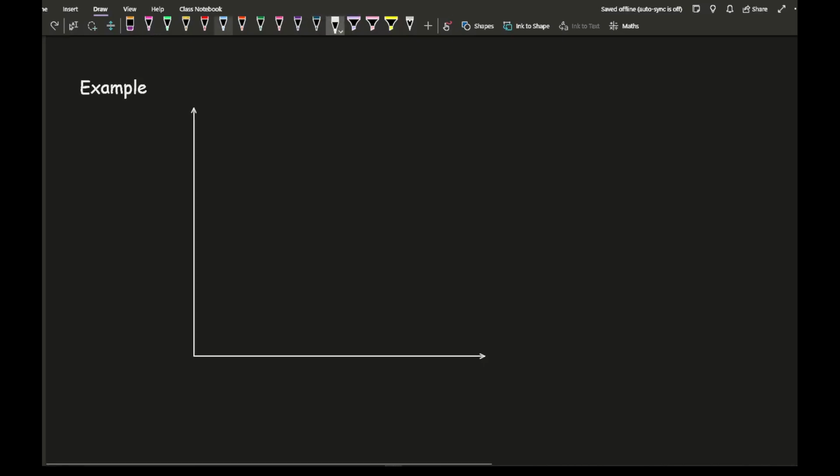So if I just draw a curve, and let me just call this function f of x, and let's say I want to work out the area of a given range under that curve. So let me just draw straight lines from here, and let me go for another one.